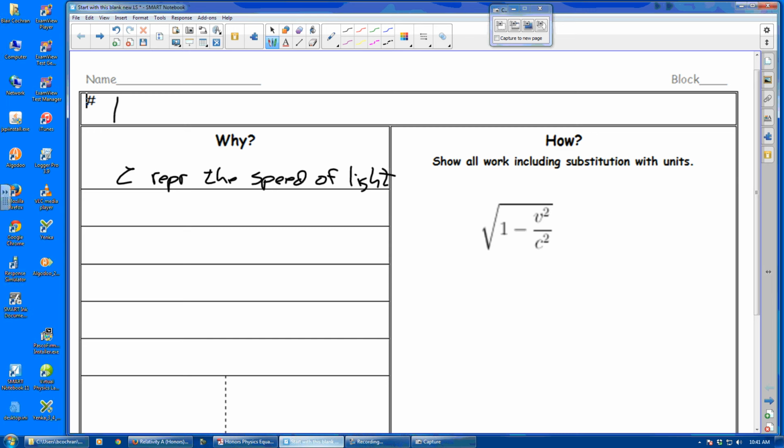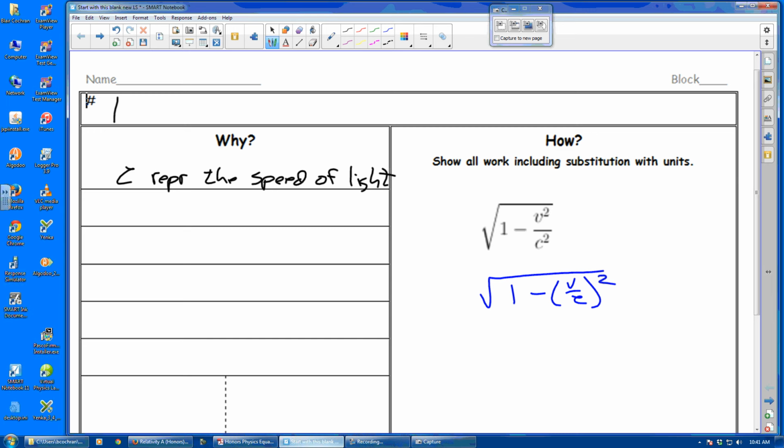I would realize that if your velocity is given to you in terms of c, it's sometimes easier to leave it in terms of c. Because as I mentioned the other day, I might rewrite this factor as the square root of 1 minus v over c quantity squared.